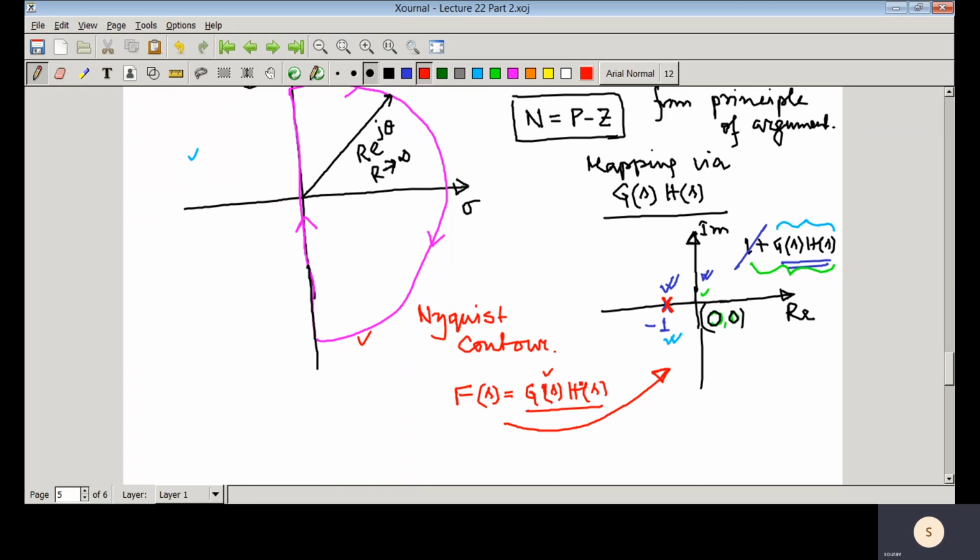So if we take 1 plus g of s h of s, that is with respect to the origin. If we take g of s h of s, that one would be with respect to the minus 1 point. You may ask why we are interested in g of s h of s or 1 plus g of s h of s.